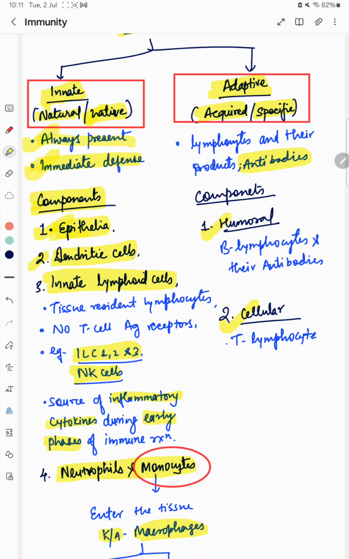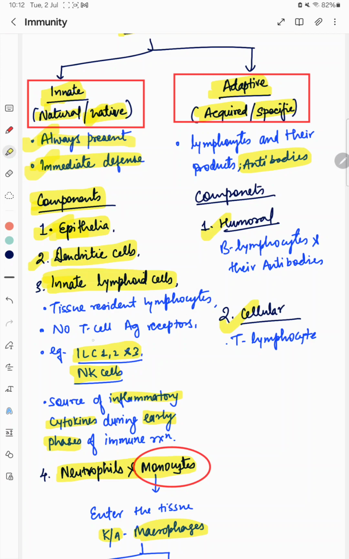Another one is dendritic cells. They identify the pathogen and present it to the further inflammatory cells and ultimately result in removal and degradation of that pathogen. There are innate lymphoid cells. They are tissue resident lymphocytes.